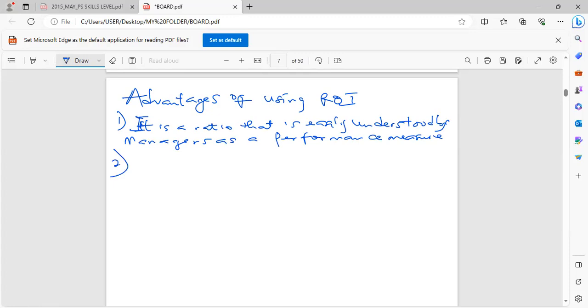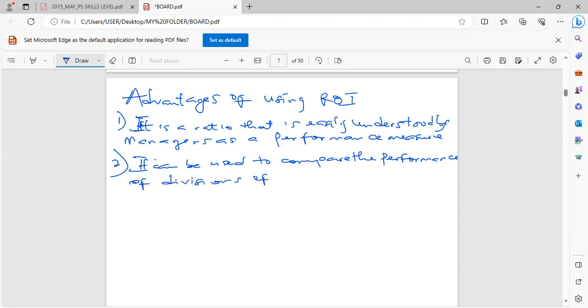Two, it can be used to compare the performance of divisions of different sizes.